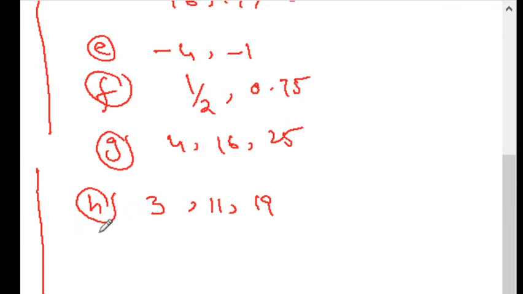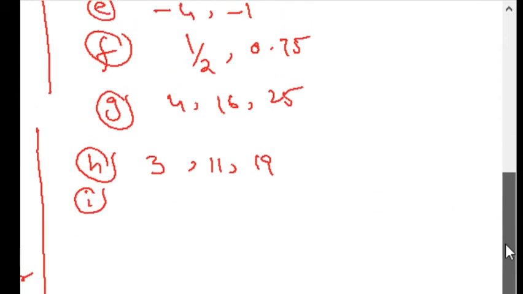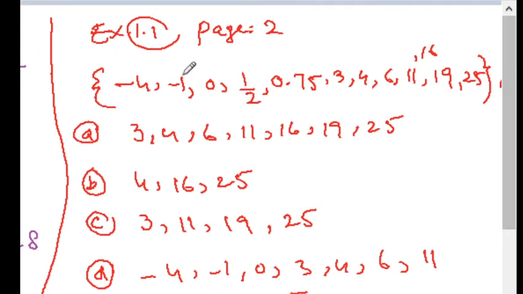Then the last one is I, neither square nor prime. Now look at these. -4 is neither square nor prime. -1 is neither square nor prime. And what about 0? 0 is neither square nor prime.